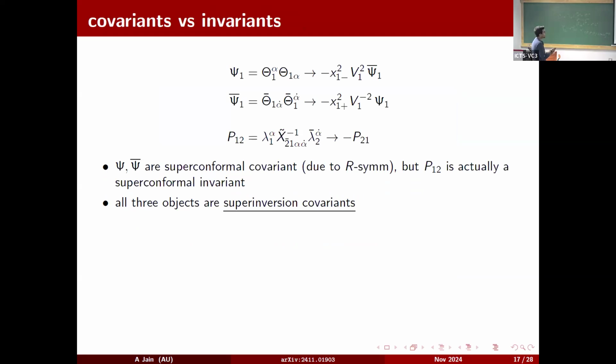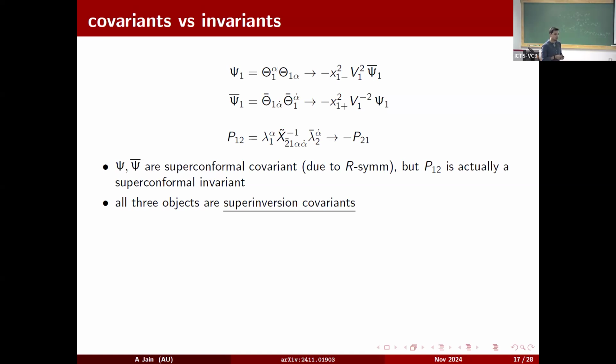Okay. For example, I'll give an example of this. Let's say I have theta 1 contracted with itself, right? Under superinversion, this goes as minus x1 minus squared, this v1 squared, which is a manifestation of the R symmetry, and psi 1 bar. So psi 1 goes to psi 1 bar, which is made out of theta bars. So psi 1 clearly goes to its conjugate with some v's.